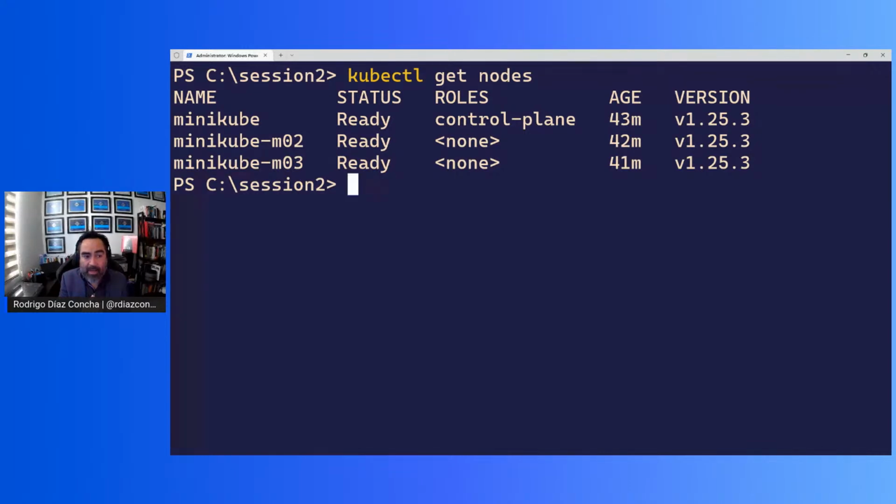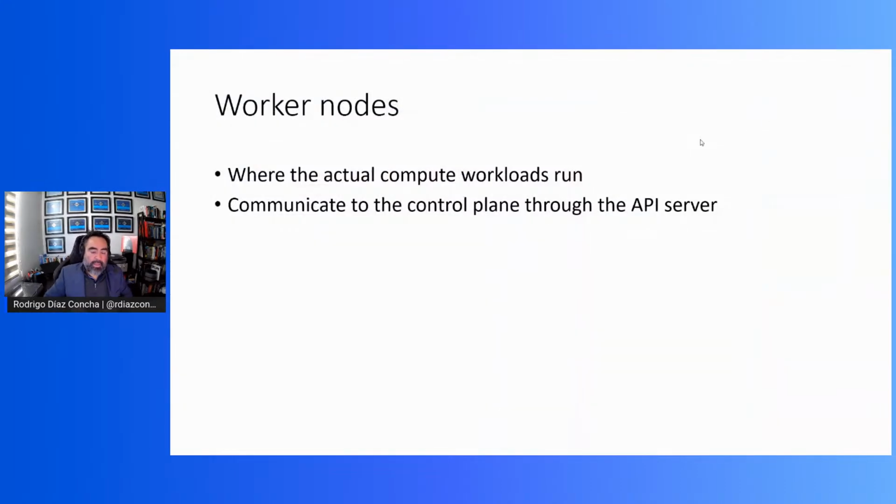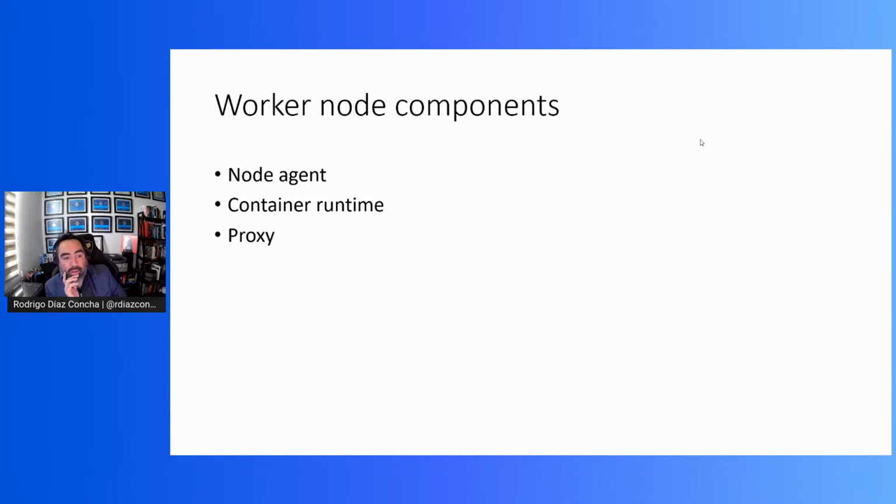It only has M02 and M03 as available nodes, okay? So those are the places where the actual compute workloads can run, okay? And remember, worker nodes communicate to the control plane through the API server, okay?